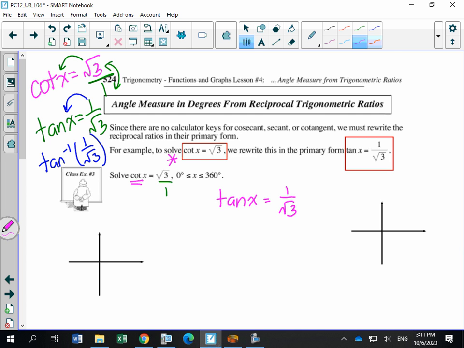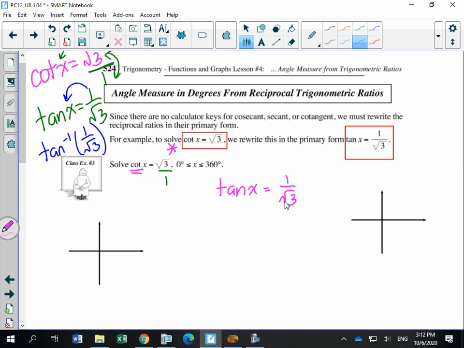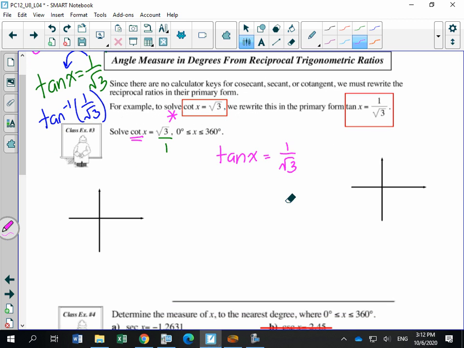Once we have that, your first step is to find in which quadrants tan is positive, because this is a positive ratio. So according to the CAST rule, where is tan positive? I would label CAST and check mark the 2 quadrants where tan is positive, and that would be quadrant 3 and quadrant 1. So I'm going to have 2 answers, one in quadrant 1, one in quadrant 3.